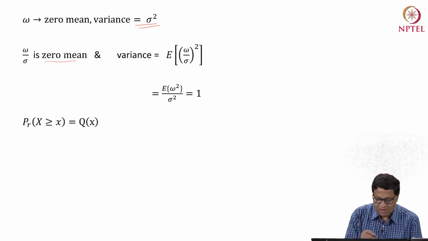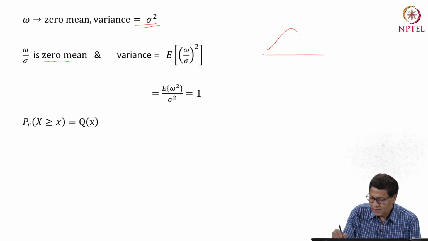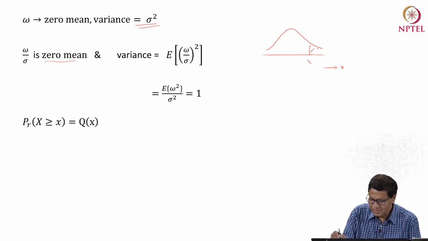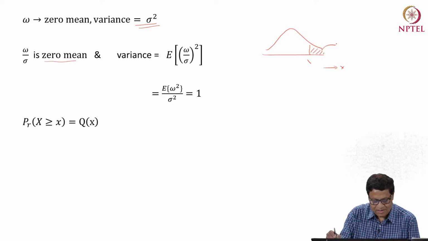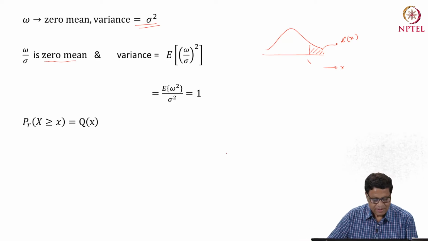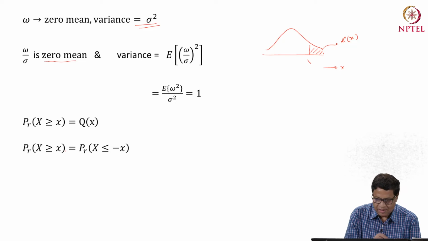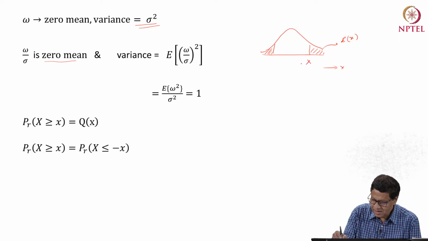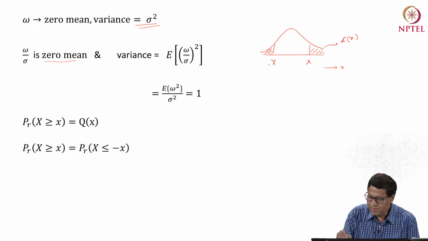So using this now in a Gaussian distribution, if this point is, for example, this is say x, the probability that the variable is greater than x, that means this area, is defined by Q of x. And this curve is symmetrical, so this area is the same as this area, and this is x or minus x.